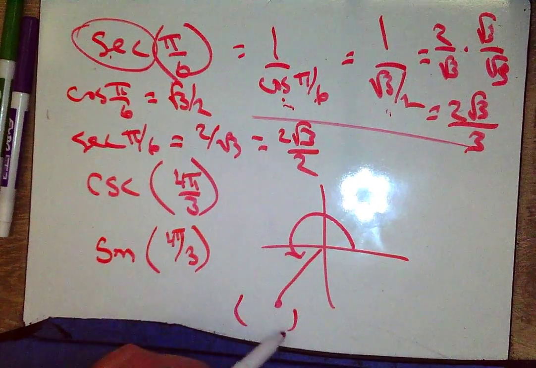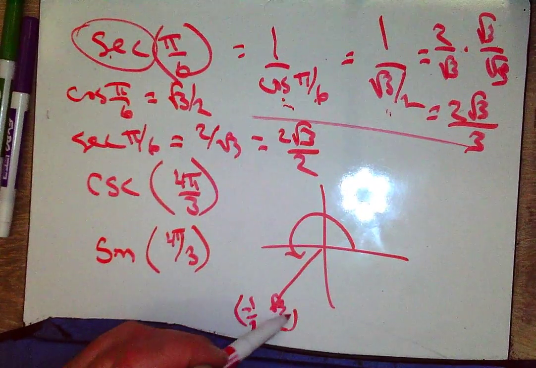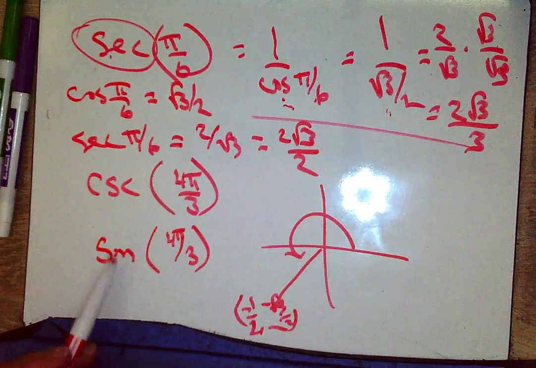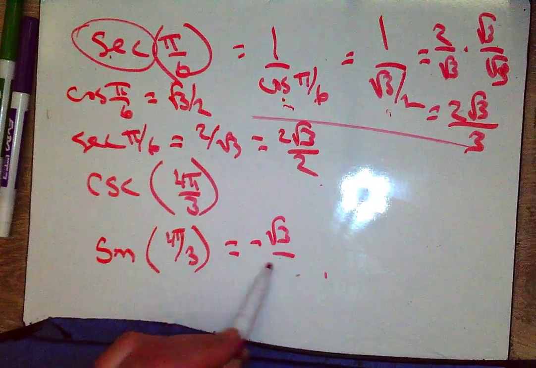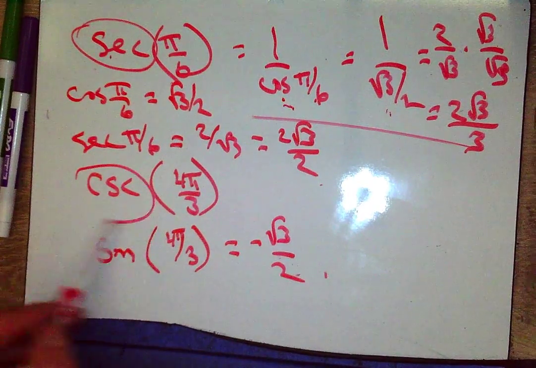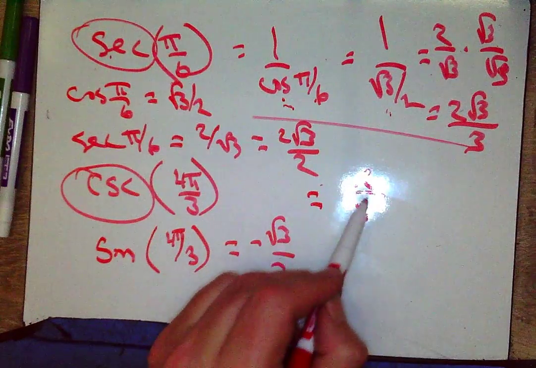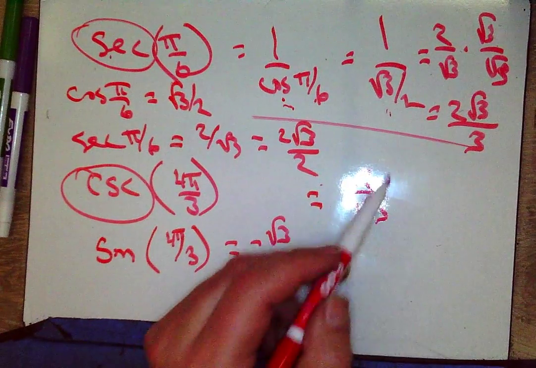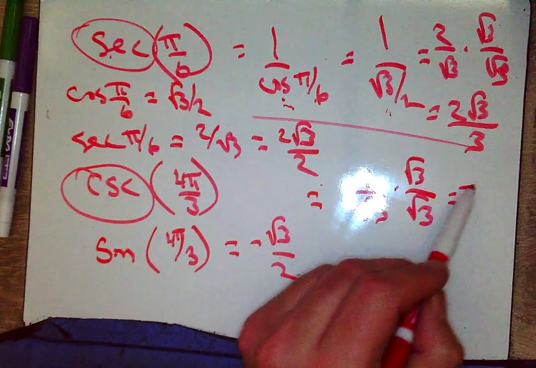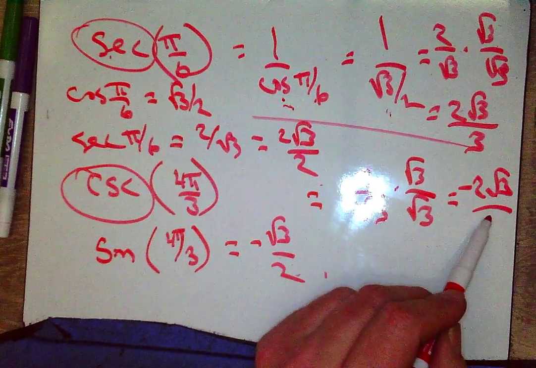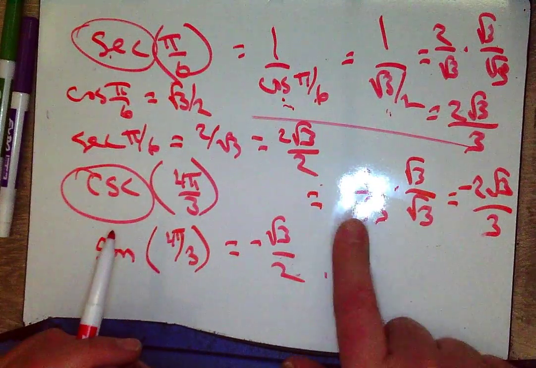And sine is that y value. Negative root 3 over 2. So the sine of 4 pi over 3 is going to be negative root 3 over 2. And cosecant is the reciprocal of that. So that's going to be negative 2 over root 3. I wouldn't mark that wrong on a quiz, but really, this is pretty standard stuff that you're going to be running into. And I think that's what you're going to see on the choice, not that.